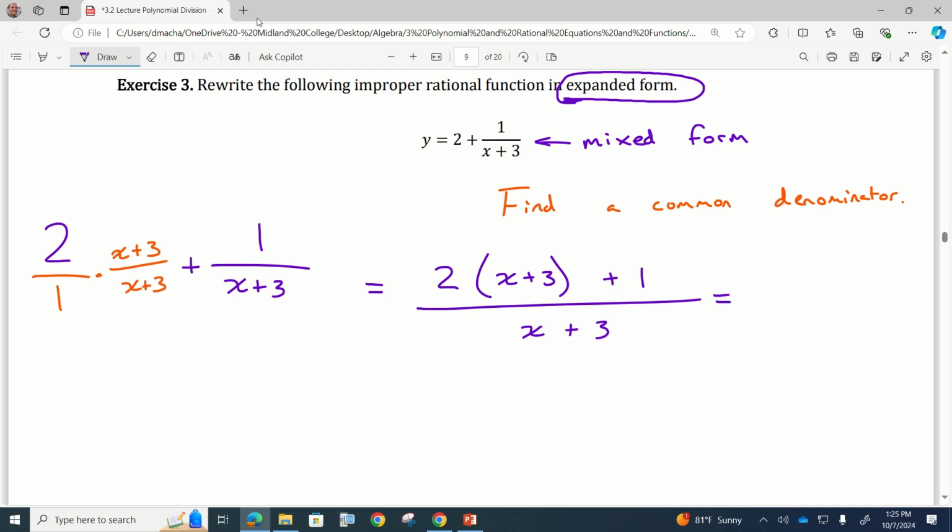And then the last step is just to distribute the 2 and collect your constant terms. So I'd end up with 2x plus 6 plus 1, or 2x plus 7 divided by x plus 3. And that would be the expanded form we're looking for.